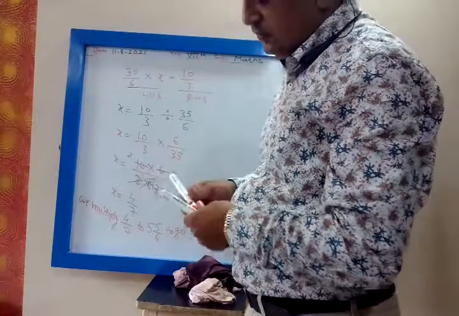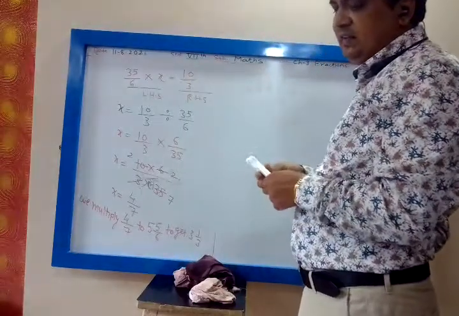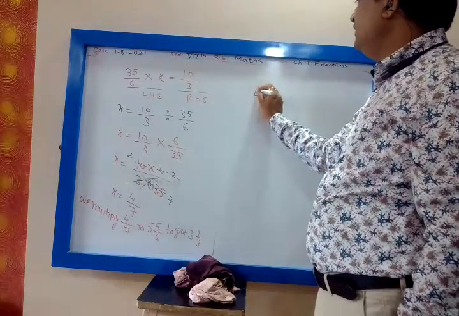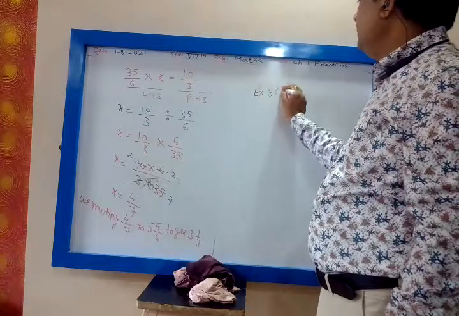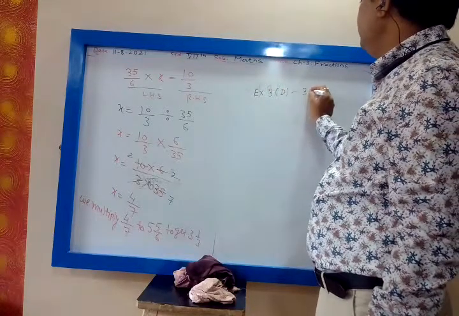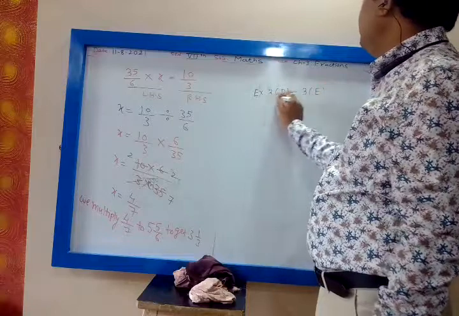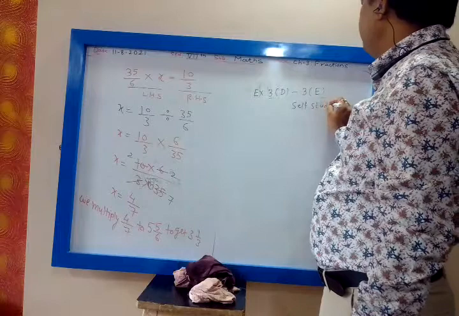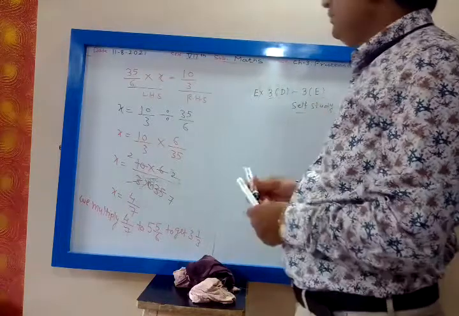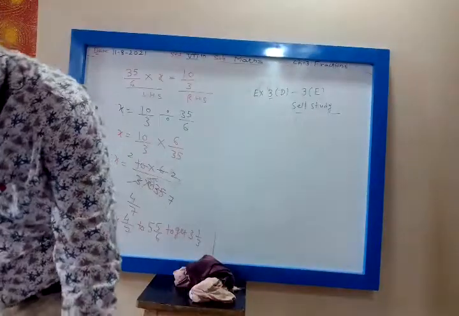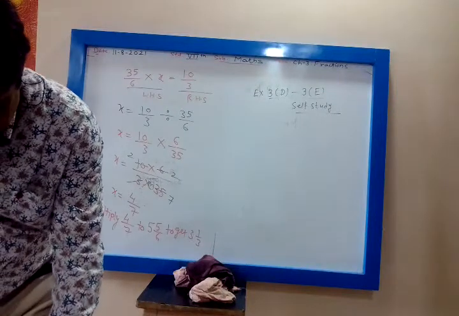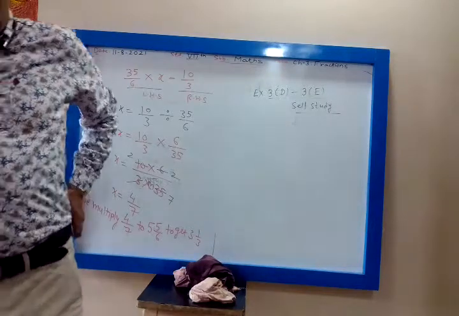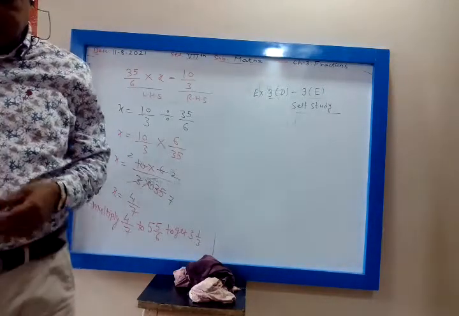So what we have planned: exercise 3D and exercise 3E. These two let us give as self-study. Same type of problems are there. My dear, you have to start, because 3D and 3E are the same type of problems we have done.